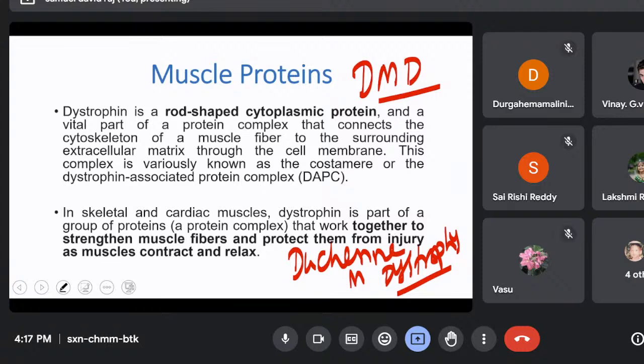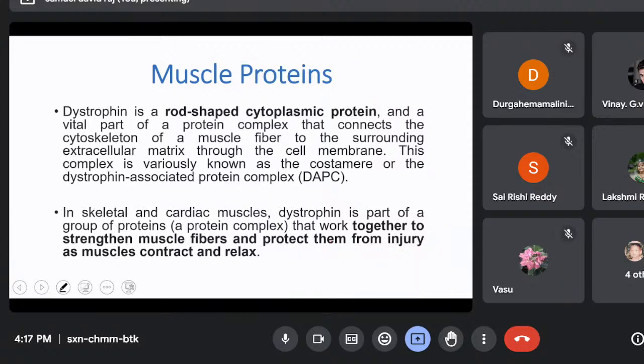So here what is happening? The muscle dystrophin protein is not functional. What is the function of this dystrophin protein? It provides strength to the muscle fibers and protects them from injury as muscles undergo contraction and relaxation. How? By connecting, along with the other proteins of this complex, to the dystrophin associated protein complex and in turn to the cytoskeleton of the muscle fiber.